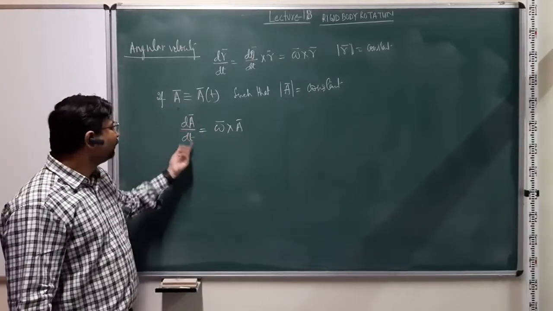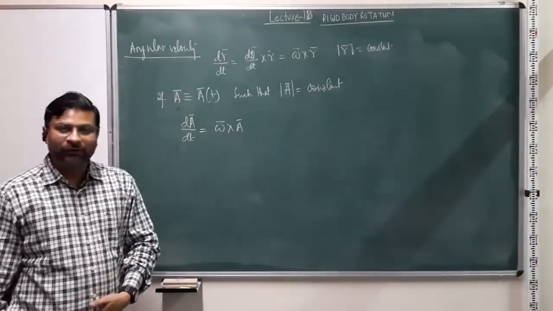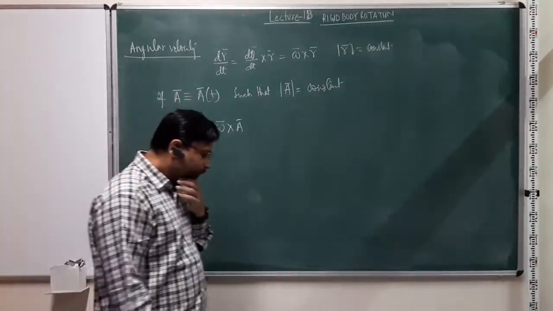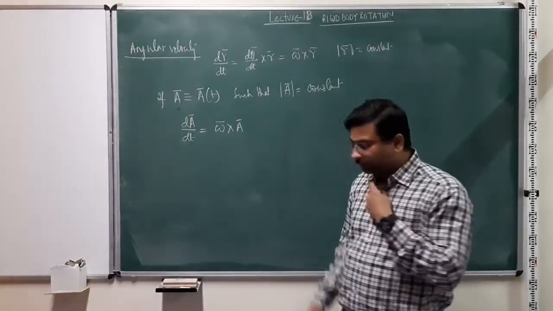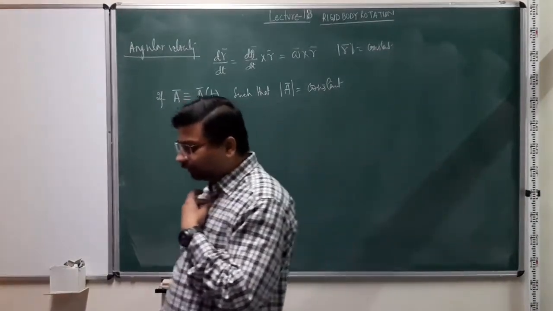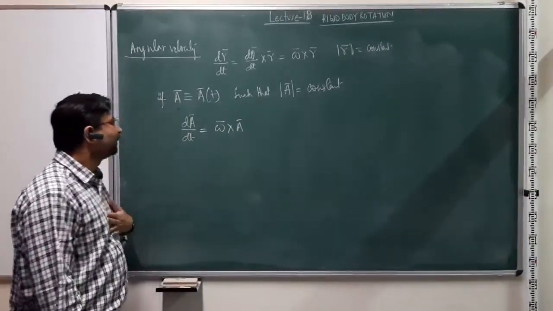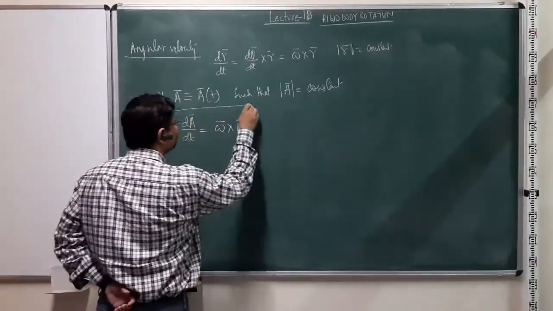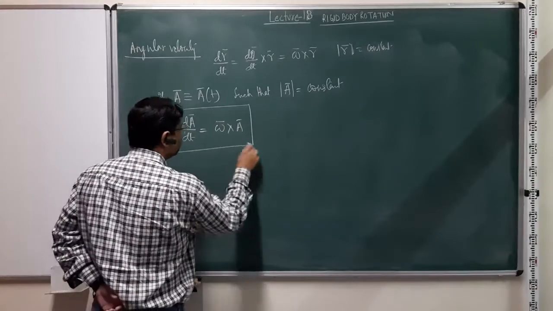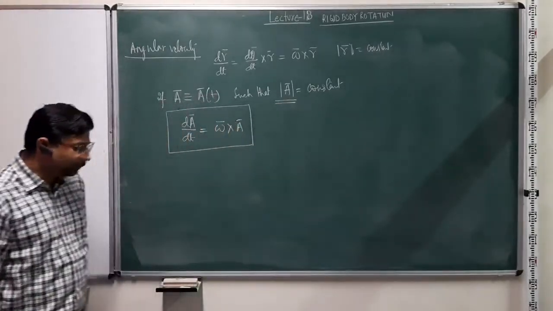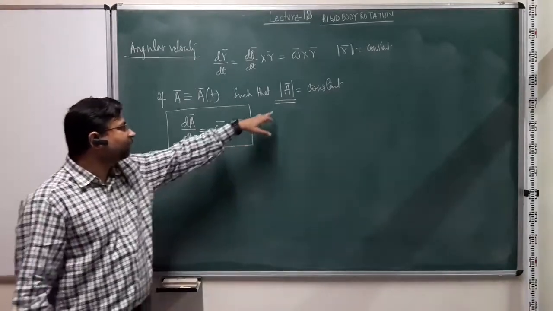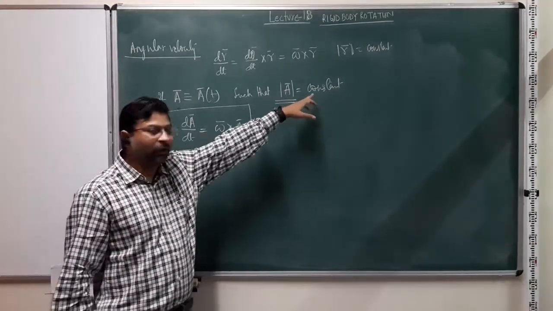So in general, dA over dt is simply equal to omega cross A, and if the axis of omega is perpendicular to the unit vector along A, then this is simply omega A, right? And so this is an important relationship which we can use, and one has to keep in mind always that while applying this, we are saying the magnitude of A is constant, right?